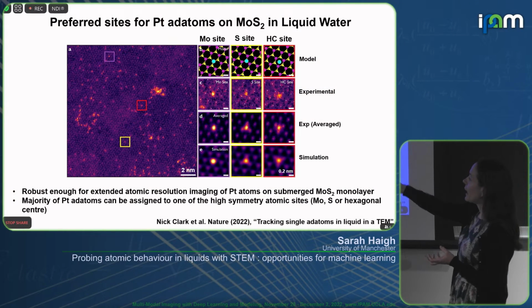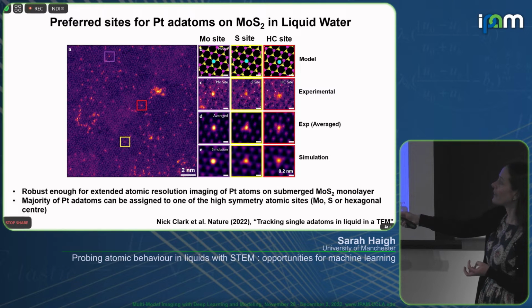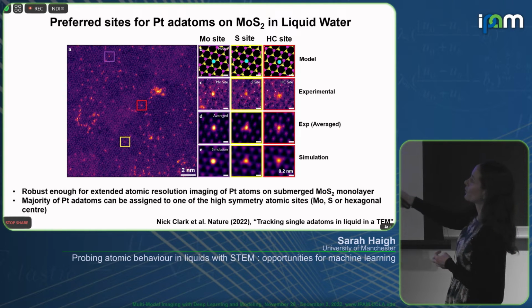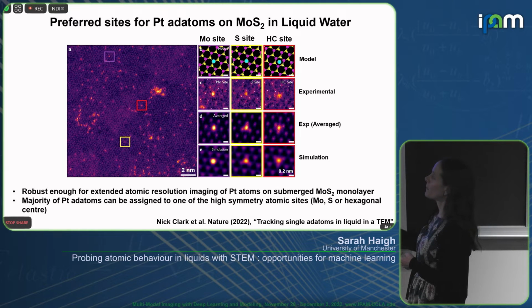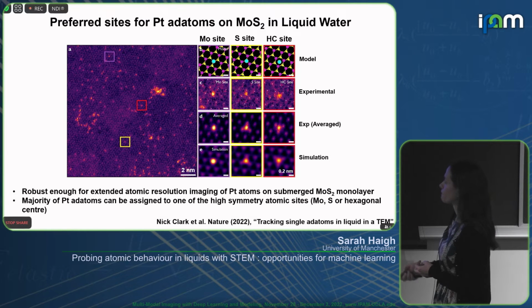So here we can do an analysis to look at the images and understand by a pattern matching process where the platinum atoms prefer to sit. So you can see that you get platinum atoms sitting over a molybdenum site in the molybdenum disulfide, over a sulfur site, and over the hollow site.